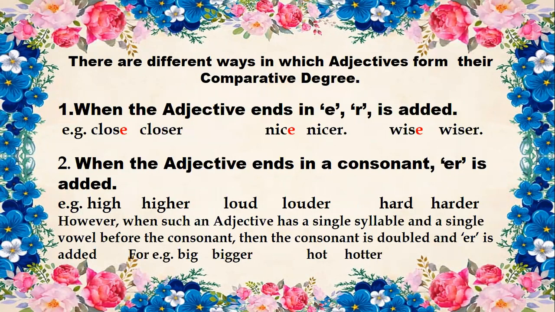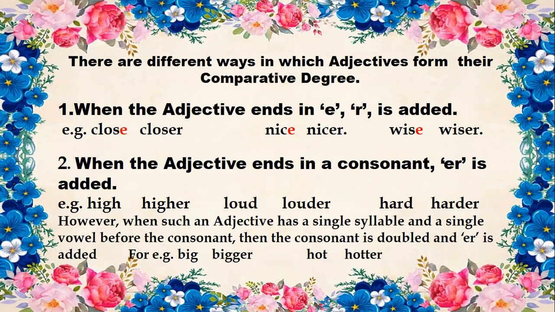There are different ways in which adjectives form comparative degree. When the adjective ends in E, R is added. So the examples are close, closer, nice, nicer, wise, wiser.